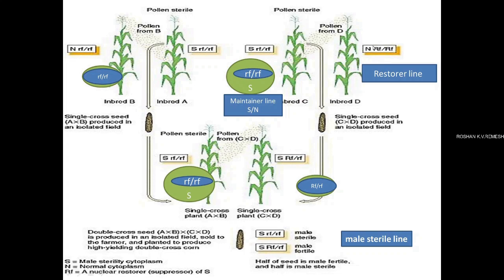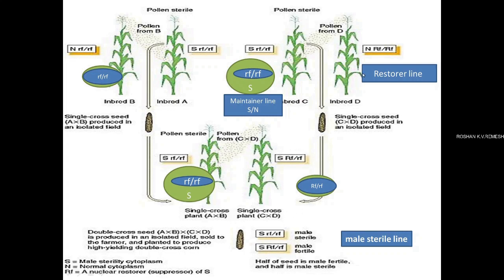It has a genetic constitution of normal cytoplasm, and both of its nuclear RF genes are homozygous dominant in nature. But we only need to consider the nuclear gene, because the pollen has very little cytoplasmic content. The cytoplasmic genetic materials are inherited from the mother plant only.